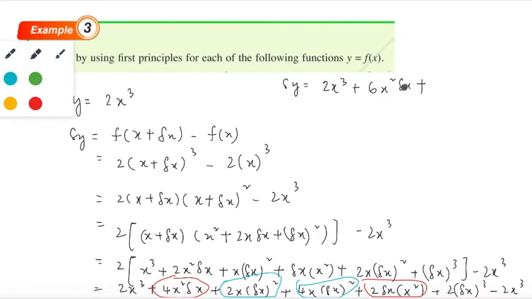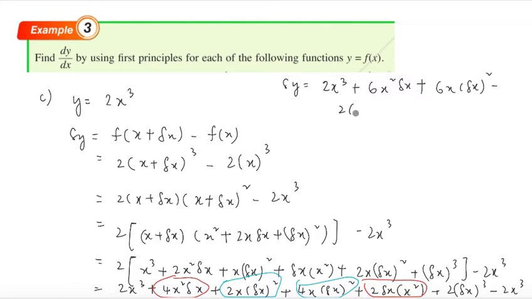So it will be plus 6x delta x squared. And then minus 2 delta x power 3 minus 2x power 3. So minus 2x power 3, later cancel.